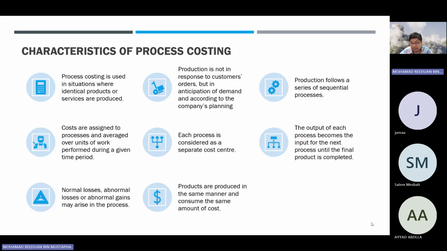Normal losses, abnormal losses, or abnormal gain may arise in the process. In petrochemical, normal loss and normal gain are actually critical to your operations and your KPI.